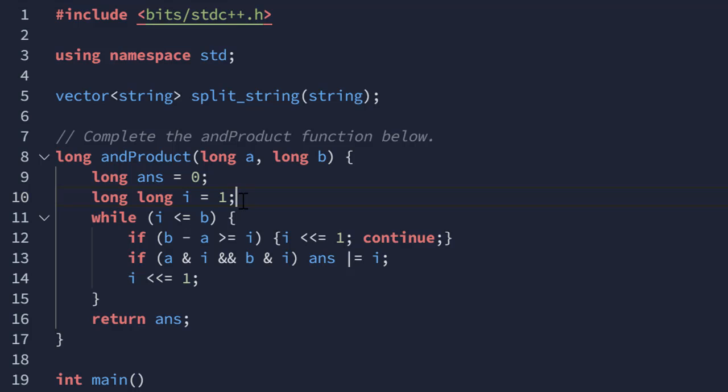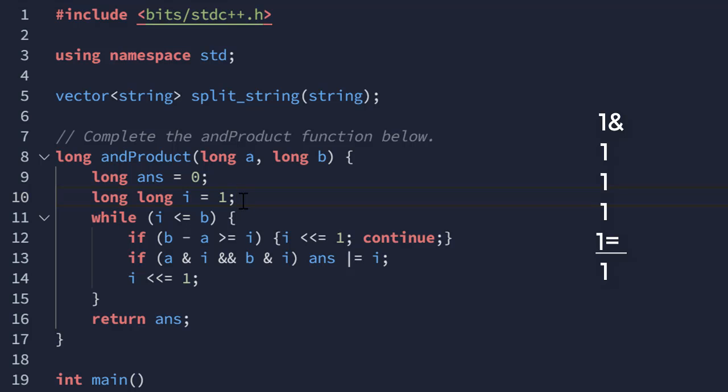So the only way to keep a bit on is if that bit is on in all the numbers that we are gonna run through.